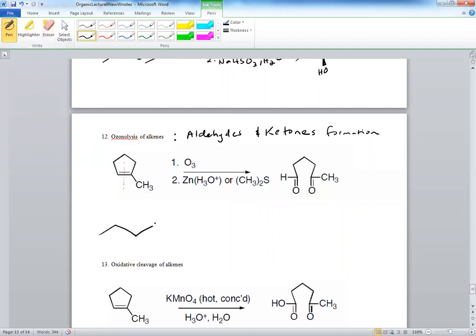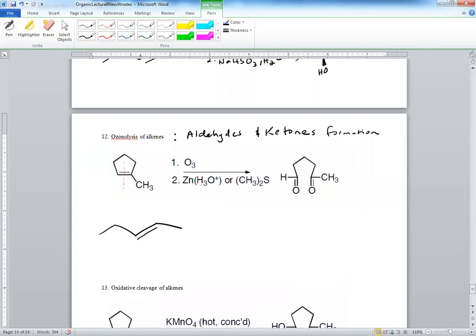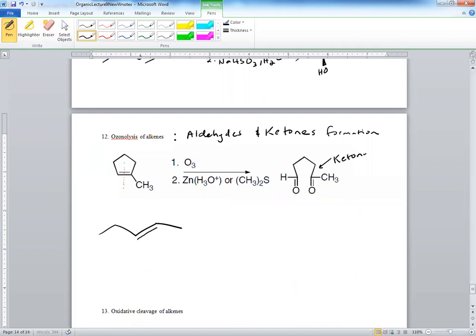So again, if we have something as simple as this, you'll see the aldehydes and the ketones, as you probably already saw them here. This is a ketone, and this is an aldehyde. But since this is a cyclic ring, they're all in one structure, but they can be in two structures.